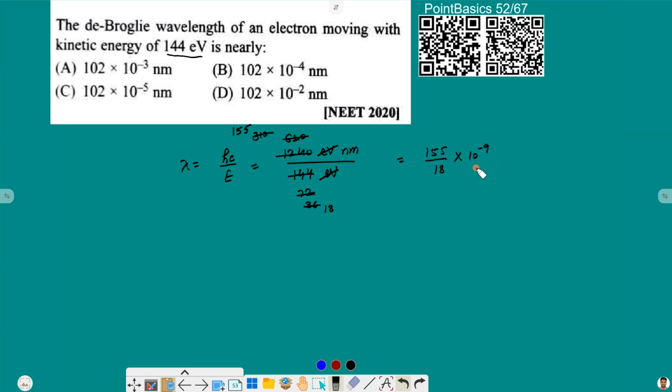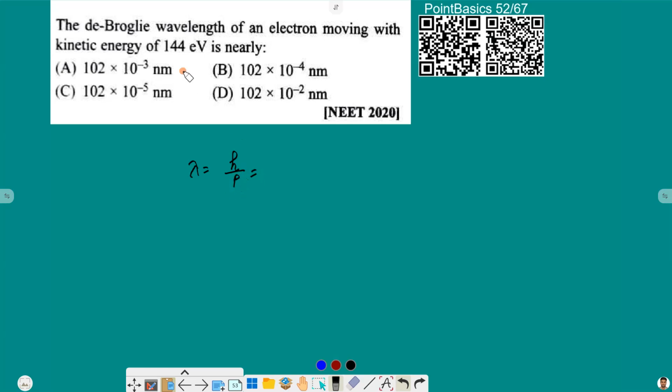Oh, sorry, we made a mistake. We had to find the de Broglie wavelength for an electron, and I just calculated for a photon. So that's actually wrong here. Let me clear this one. For an electron, the de Broglie wavelength is h by p, where p is the momentum.